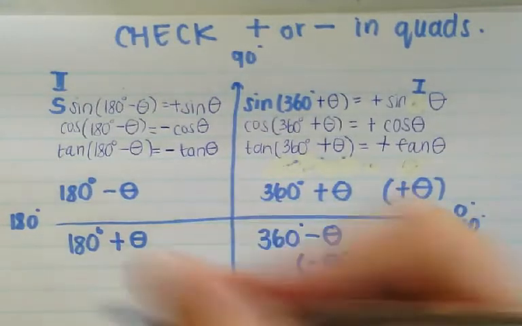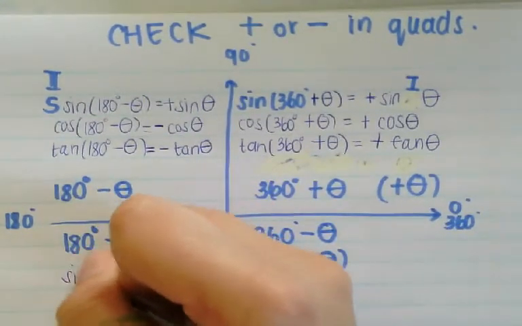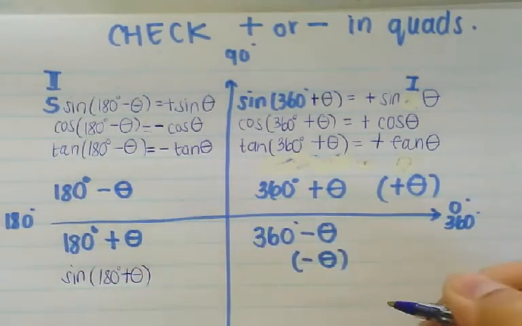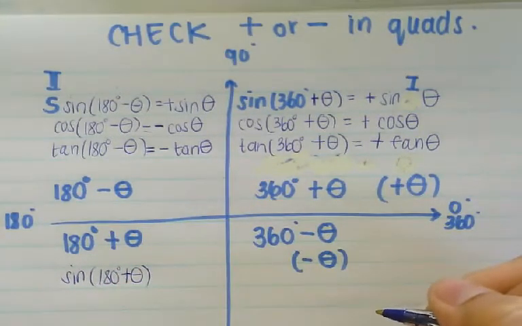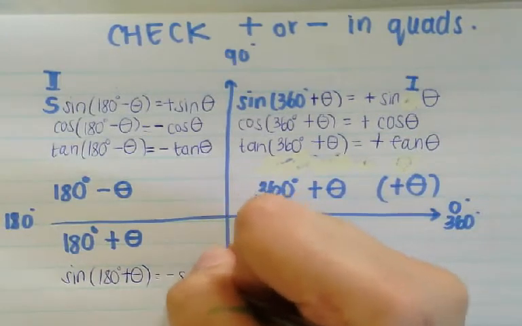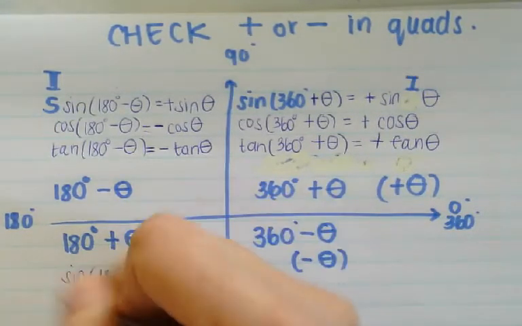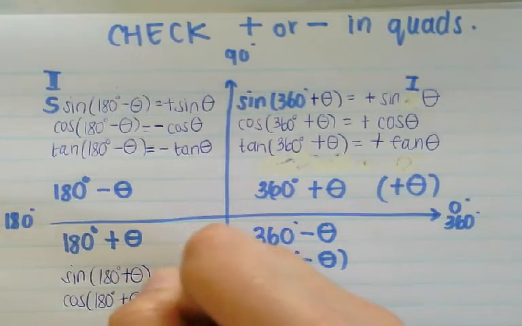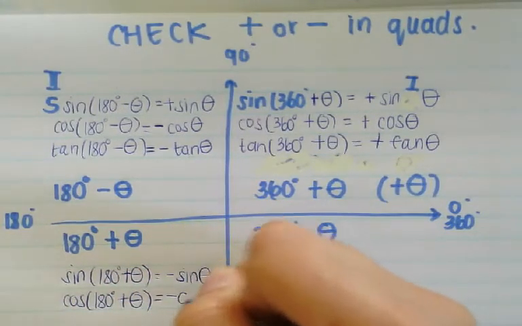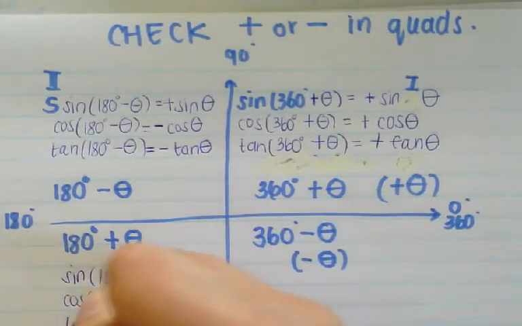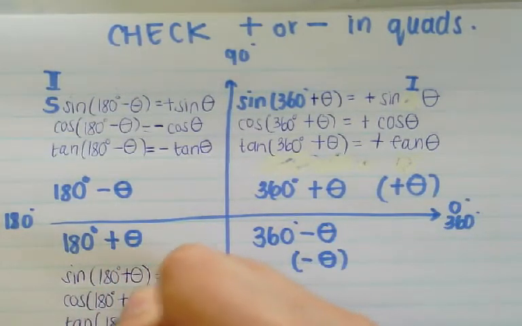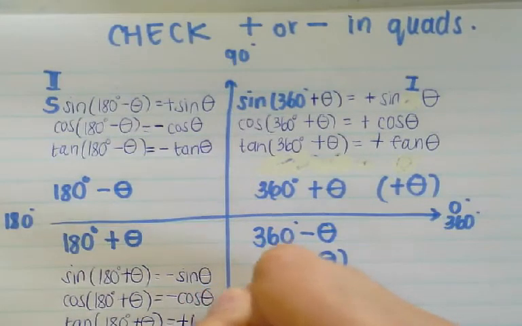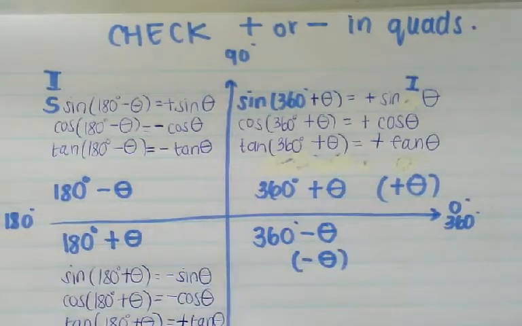Let's do it in our third quadrant. Sine 180 plus theta. Is sine positive or negative? Cos 180 plus theta, positive or negative? And tan is positive in that quadrant, so it would be the same as just saying positive tan theta.